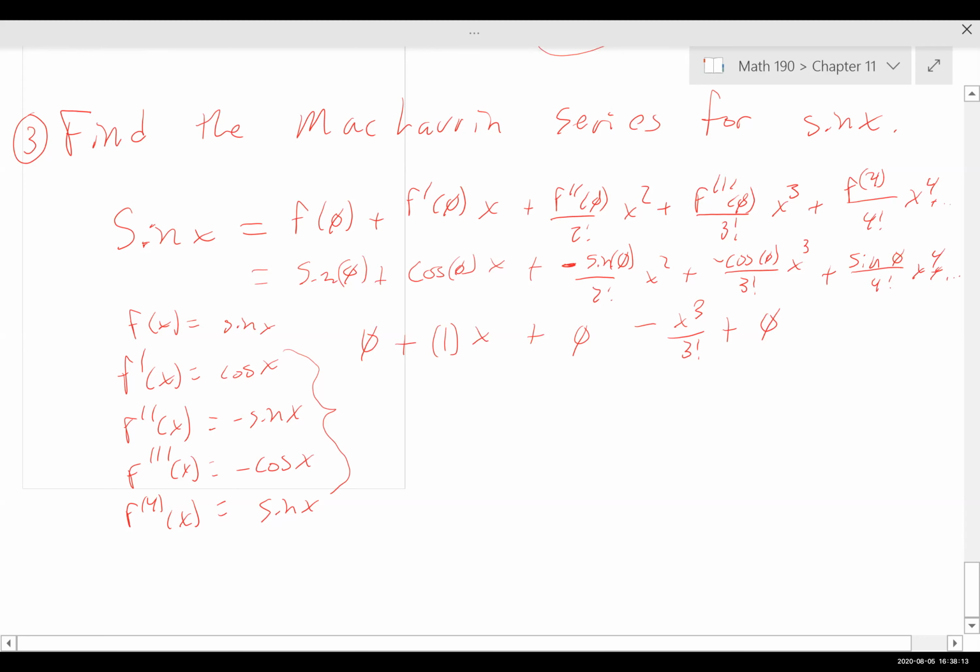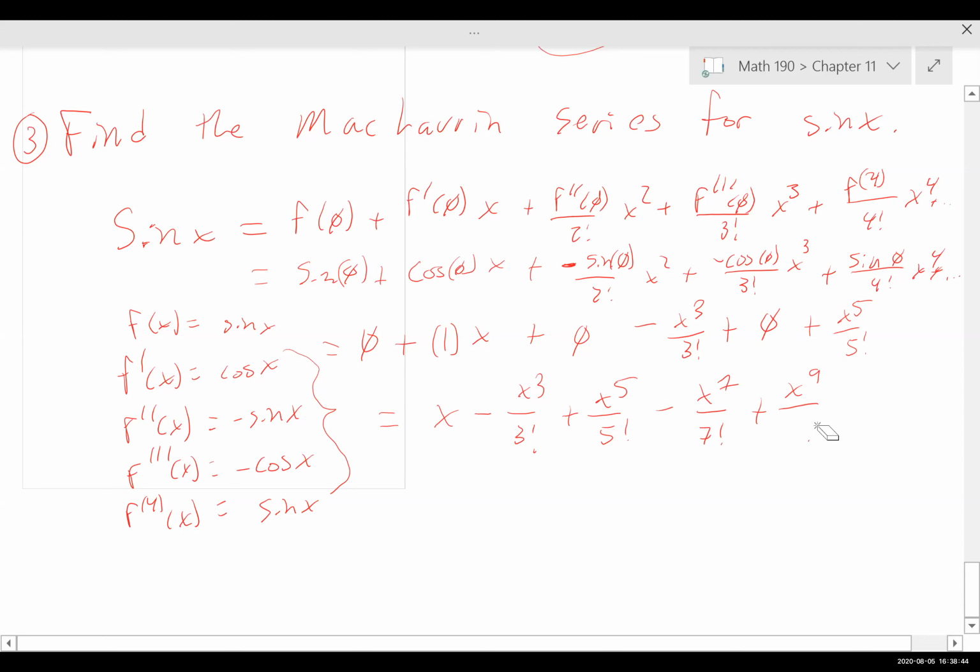The next one would be x to the fifth over 5 factorial. So this is x minus x cubed over 3 factorial plus x to the fifth over 5 factorial minus x to the 7th over 7 factorial plus x to the 9th over 9 factorial.